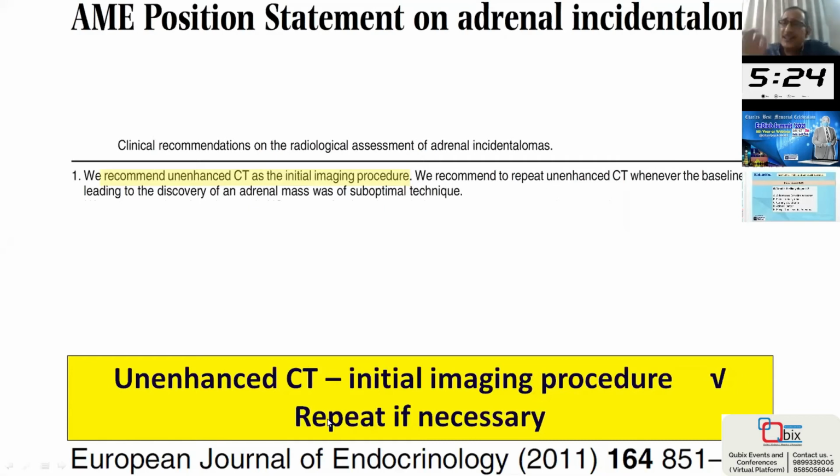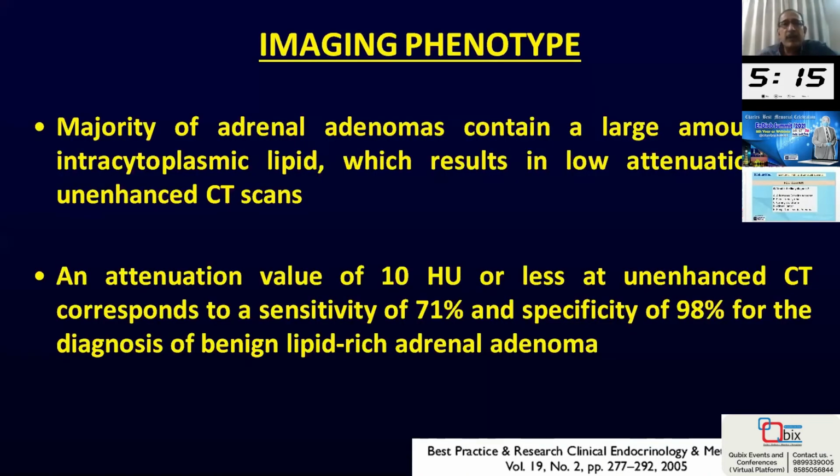And basically, the one imaging that you need is an unenhanced CT scan, the initial imaging procedure of choice. And if your density is less than 10, then, as you can see, the specificity is 98%. You're almost sure that this is a benign adrenocortical incidentally detected adenoma.